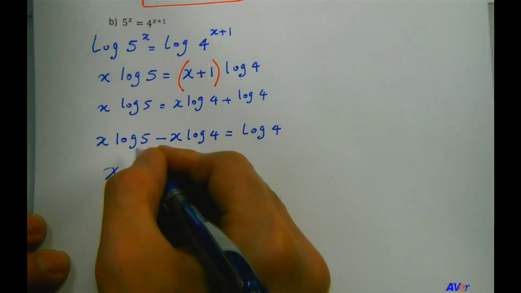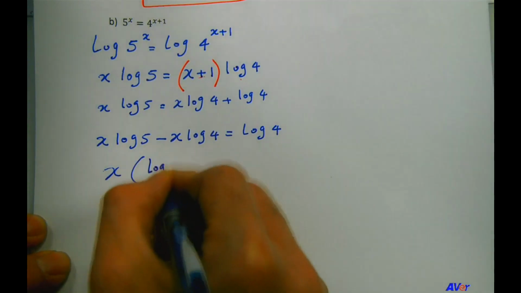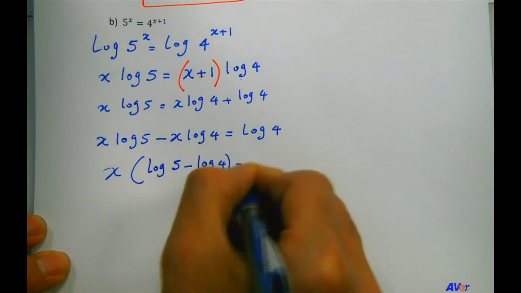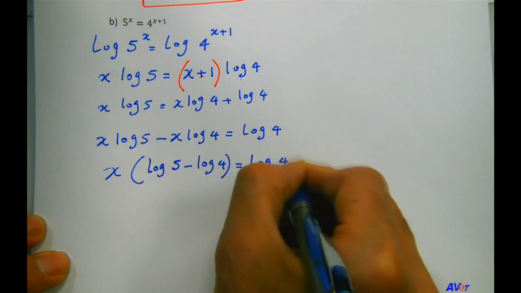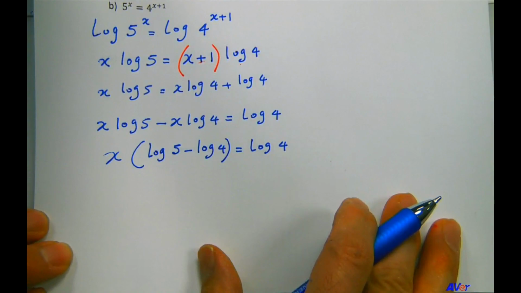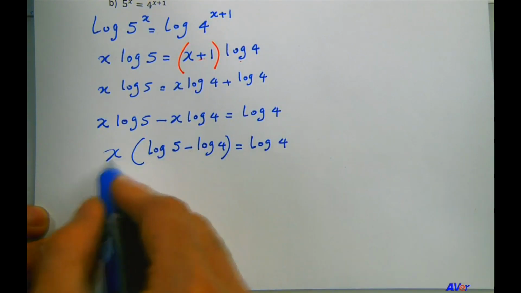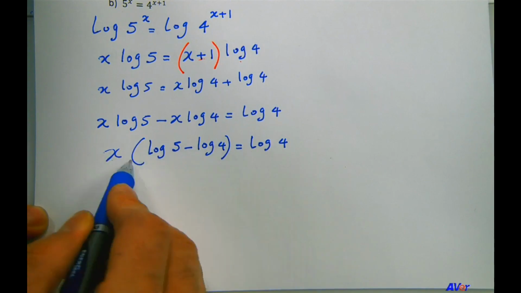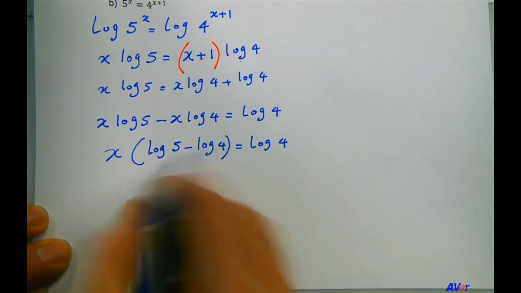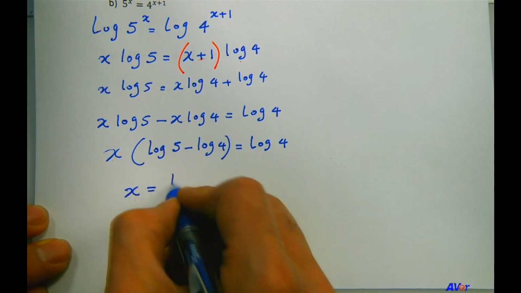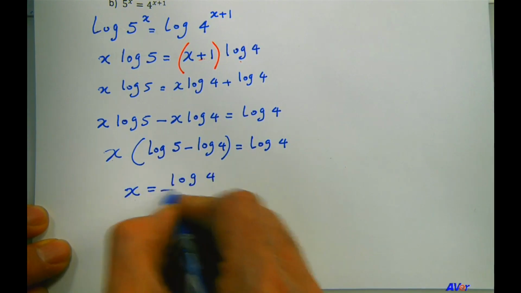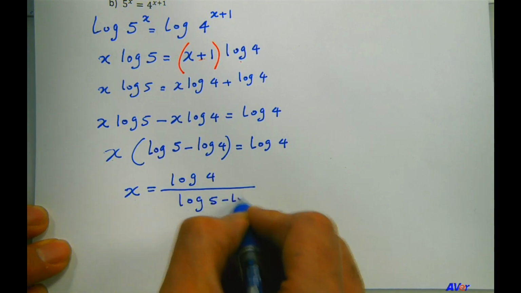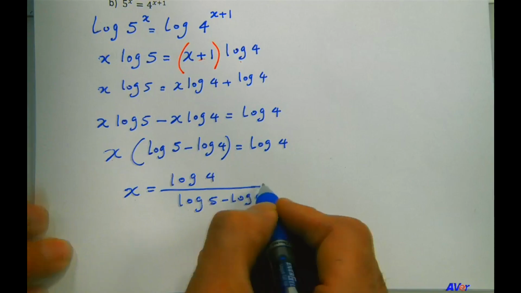So factor the expression on the left: x times log of 5 minus log of 4 equals log of 4. Now we're solving for x, so we need to isolate it by dividing both sides by log of 5 minus log of 4. So we have x equals log of 4 divided by log of 5 minus log of 4.